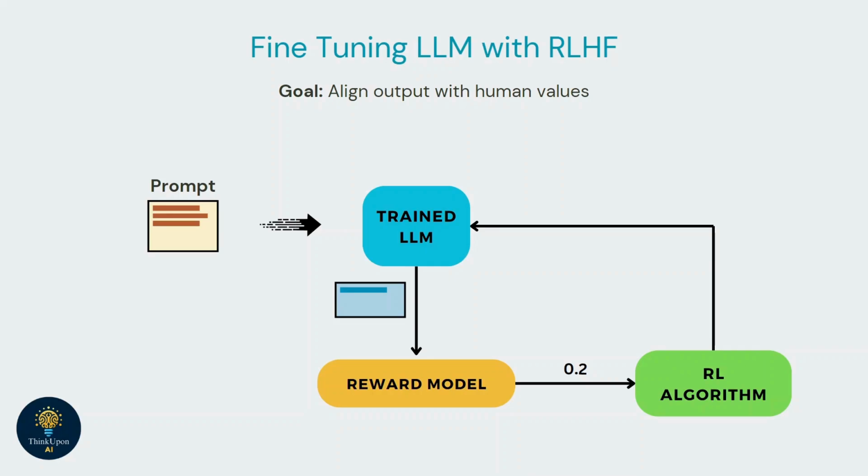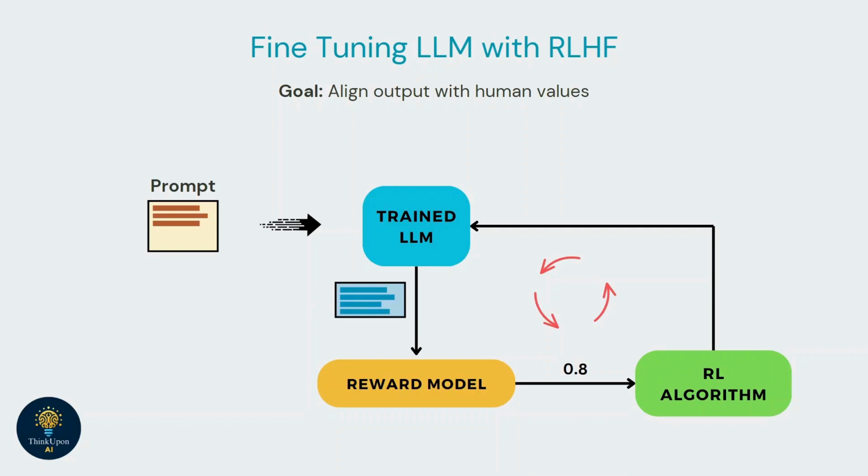Further, with the updated weight parameters, the LLM model generates new responses which are then passed to the reward model to assign a new reward value to the response. Now, if the reward values go higher, then the RL algorithm knows that it is going in the right direction of updating the weight parameters. And this iteration is continued until the reward model generates the maximum possible reward value for the responses.